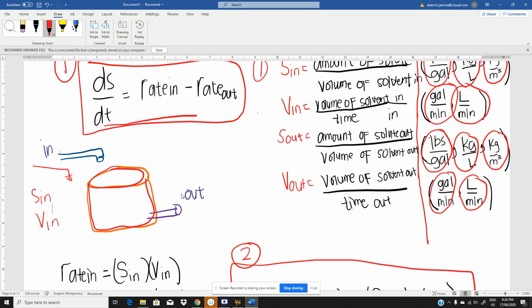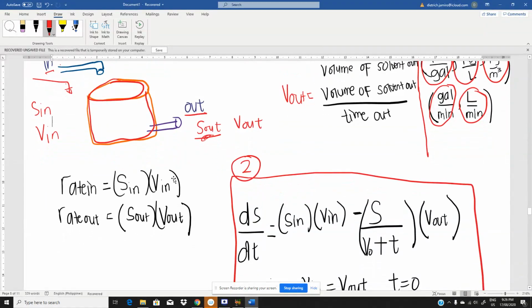While on our out, we are going to have S out and also V out. So rate in is equivalent to S in multiplied by V in. And then rate out is equivalent to S out multiplied by V out.